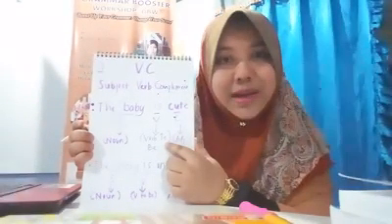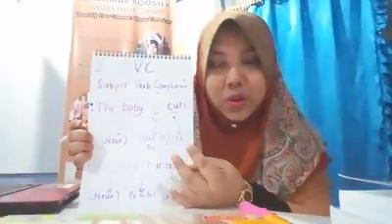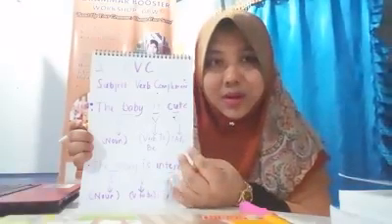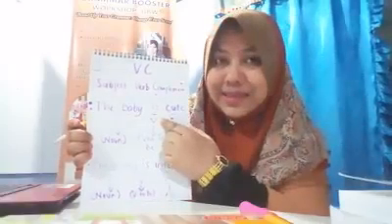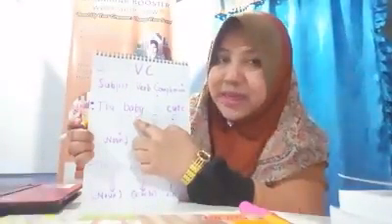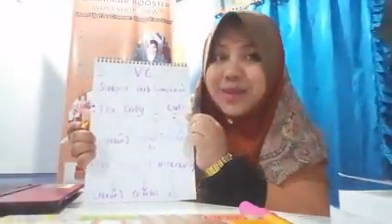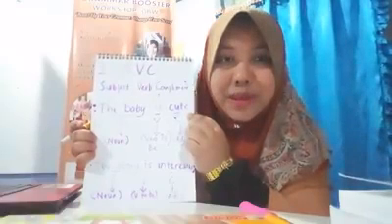Verb to be comprises am, is, are, was, were. So in this case, I'm using is, because the baby here is singular. The baby is cute. You see, cute here we call the complement.